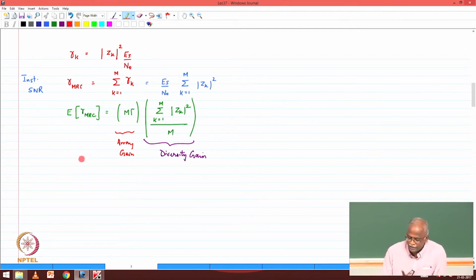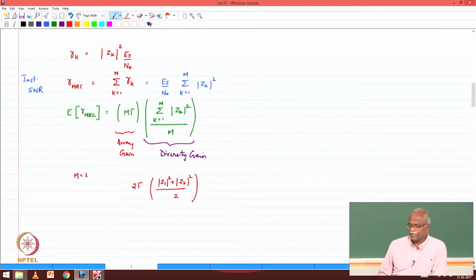So for the special case of m equal to 2, the benefit due to gamma MRC would be 2 times gamma times mod Z1 squared plus mod Z2 squared divided by 2. So this would be the SNR that we would get for gamma MRC.